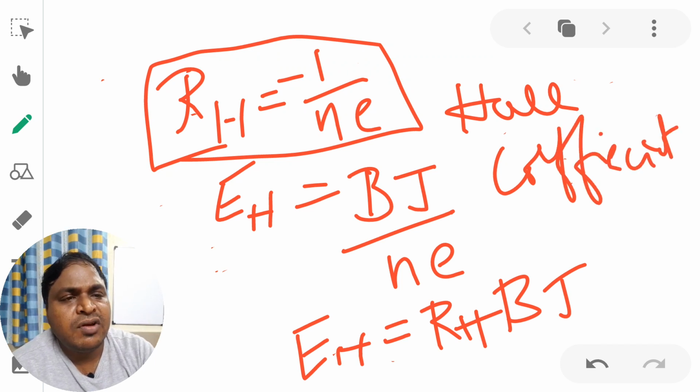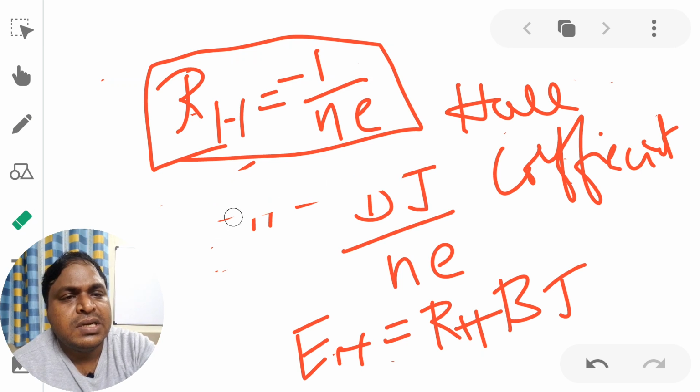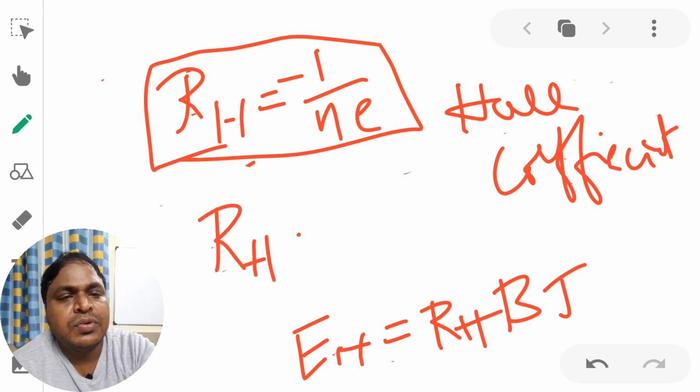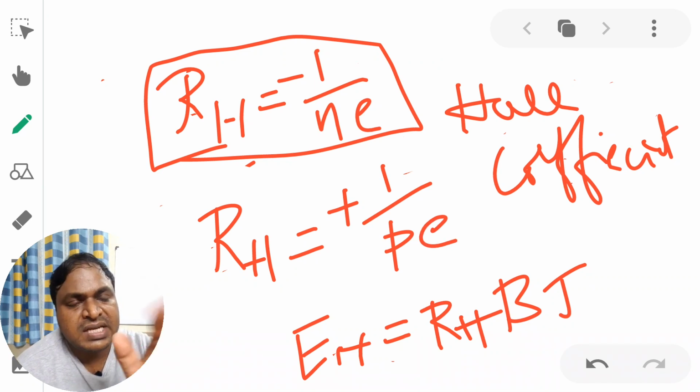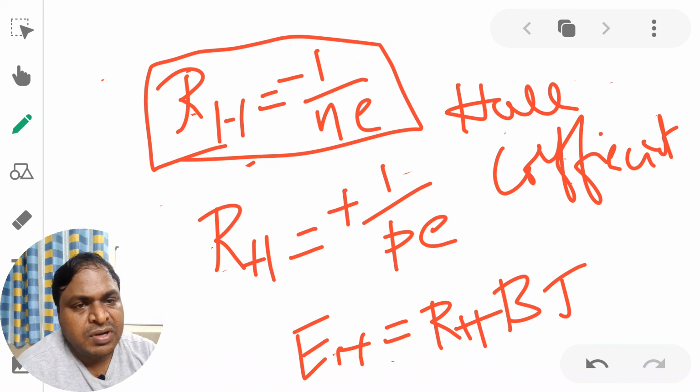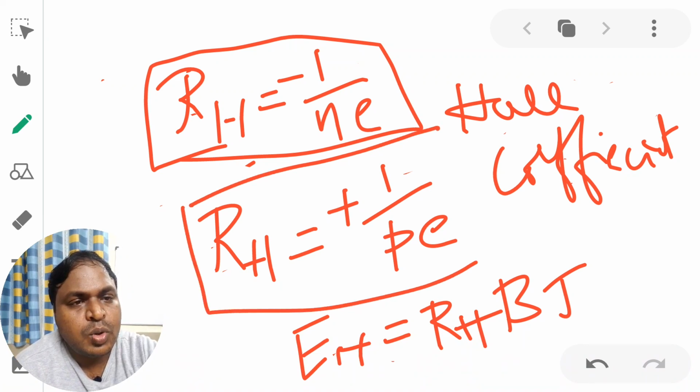Okay, similarly for p-type semiconductors, you can calculate RH is equal to plus 1 by Pe. Okay, N stands for electron, P stands for holes, and plus stands for positive charge of holes.